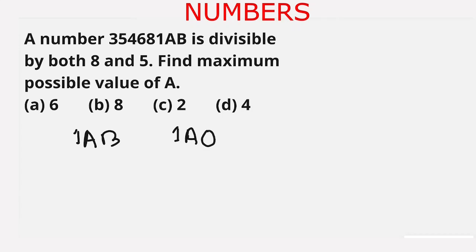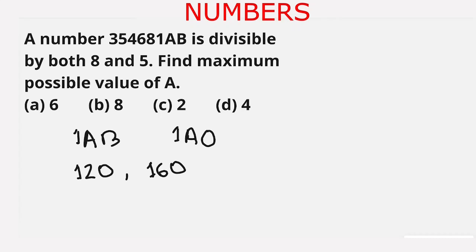Now these three digits 1, A and 0, if it has to be divisible by 8, then the number can be 120 and 160. All other numbers 110, 130, 140, 150, 170, 180 and 190 are not divisible by 8.